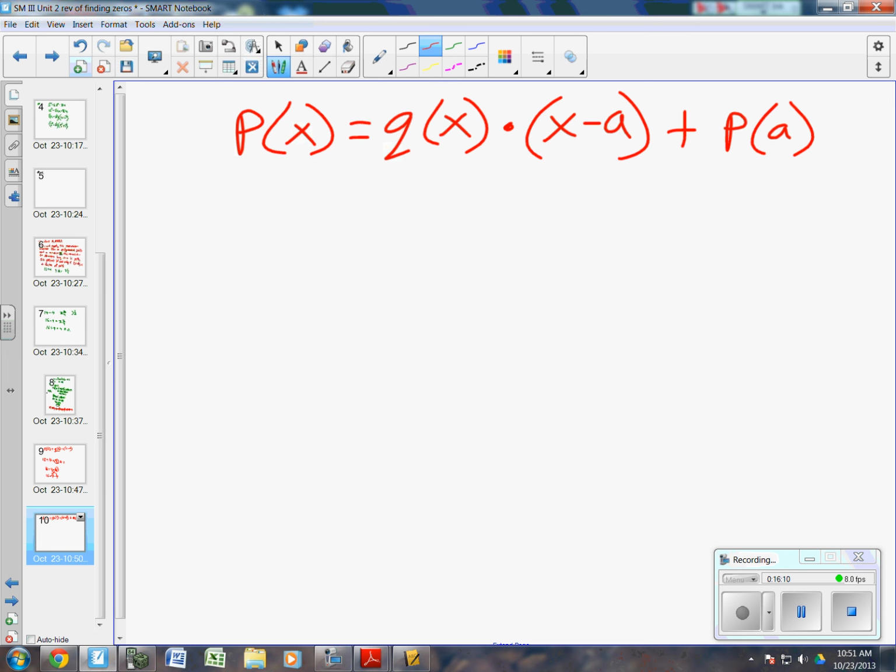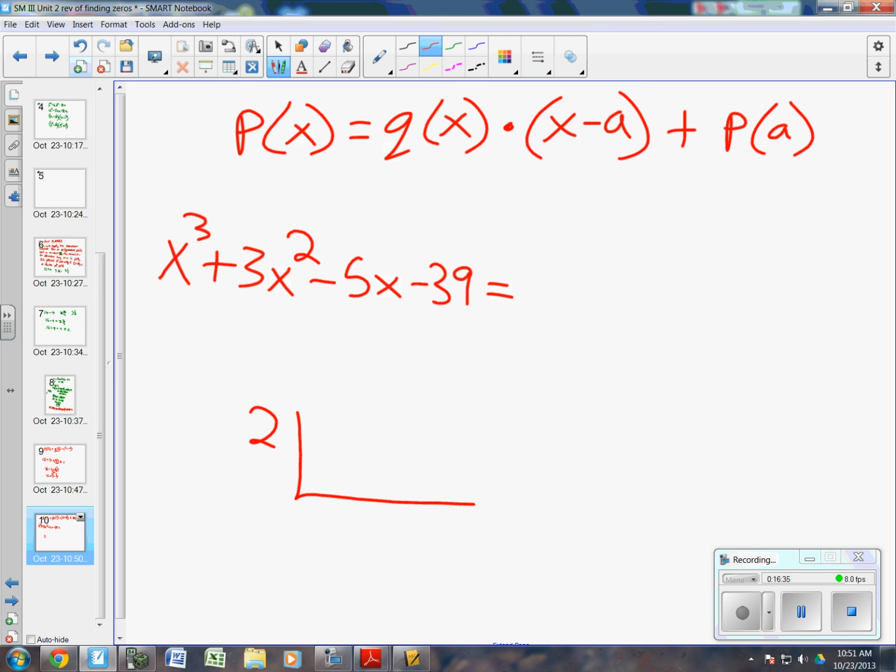So, what was our original problem again? X cubed plus 3x squared minus 5x minus 39. That's P of X, right? Q of X would be what we got when we divided it in there. Let's just do that really quickly. We're going to divide 2 in there synthetically, because I got to show you this.